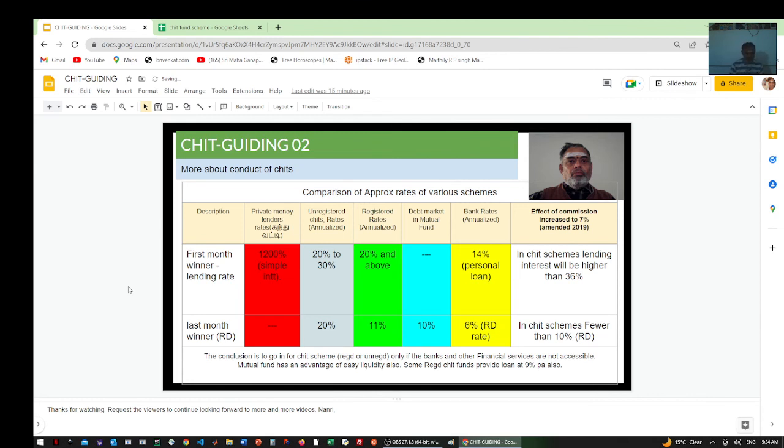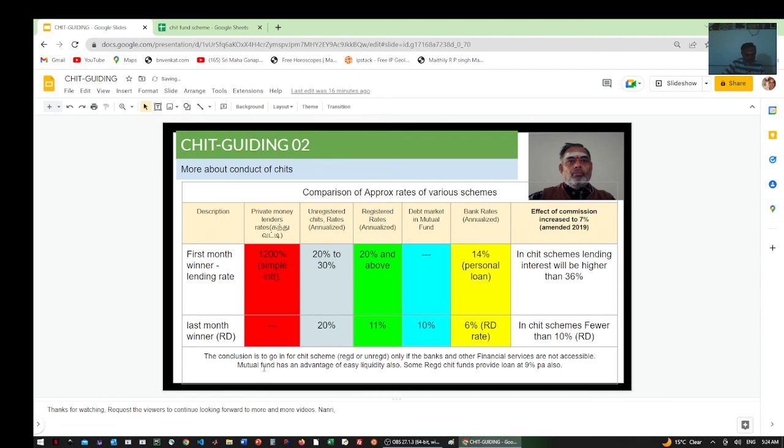In chit schemes, it will be fewer than 10% if the commission is increased to 7% as per the government's amendment of 2019. Okay.